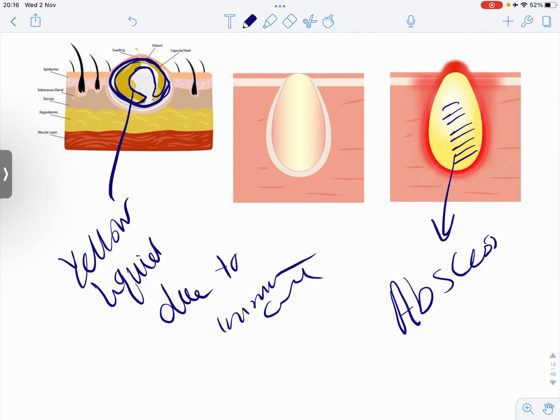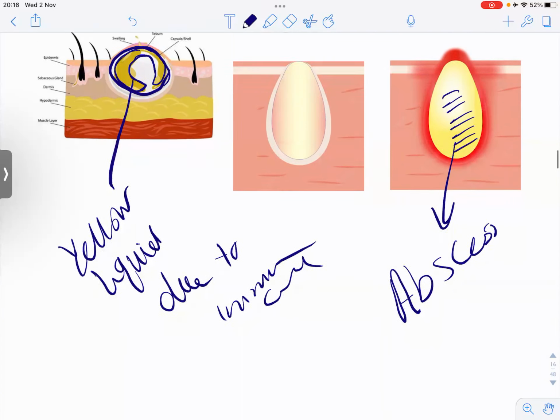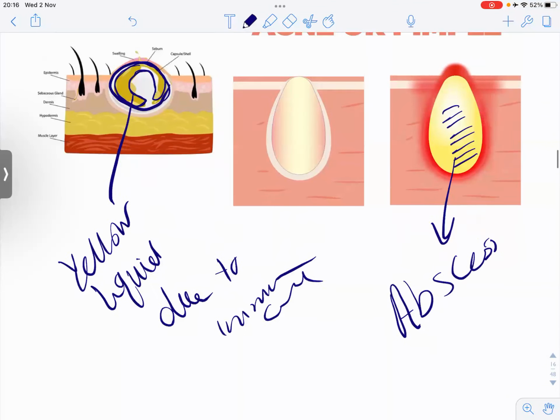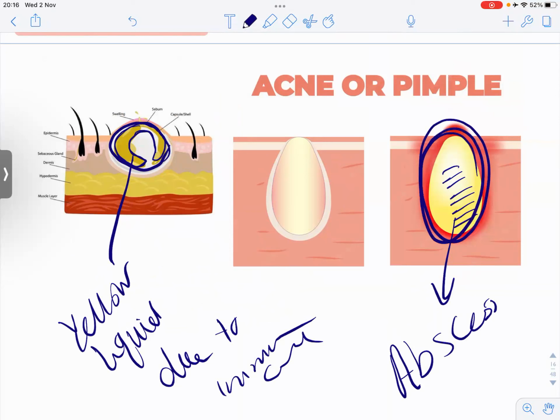Why this fluid? Because when infection occurs, the immune cells will come and produce proteolytic enzymes. Proteolytic enzymes will destroy the protein of this part of cells, and the protein will be converted into jelly-like, yellowish fluid. This yellowish fluid is surrounded with fibroblasts, because fibroblasts always come after inflammation, trying to surround this inflammation.